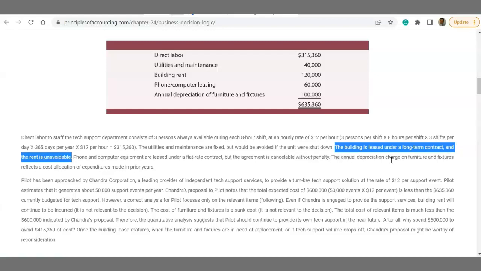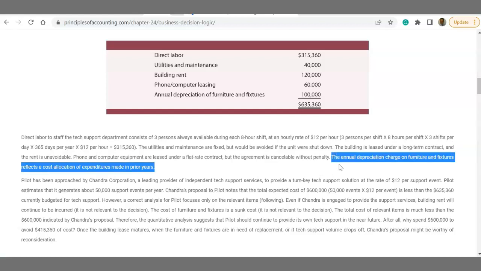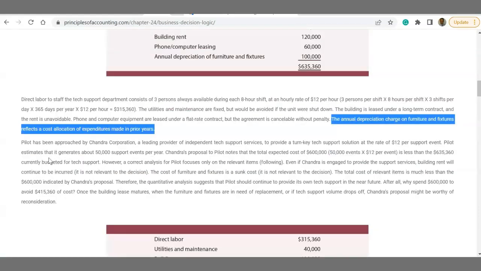The annual depreciation charge on furniture and fixtures reflects a cost allocation of expenditures made in prior years. Okay, so that's something that is going to happen no matter what. Those are costs that they spent in prior years, and that's irrelevant. So let's keep going.